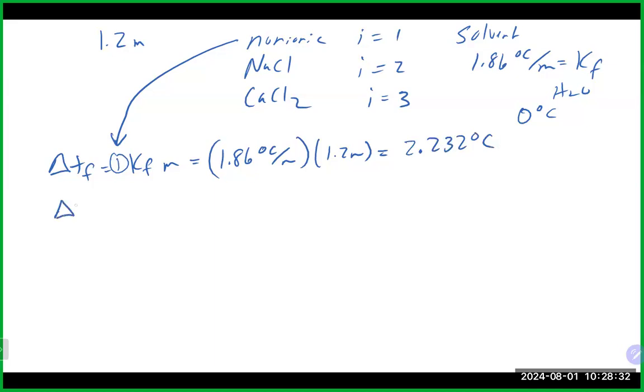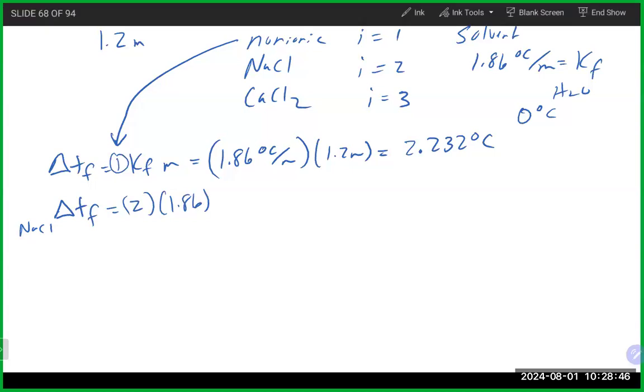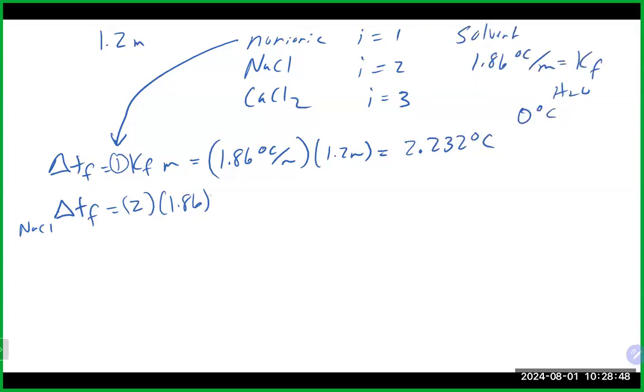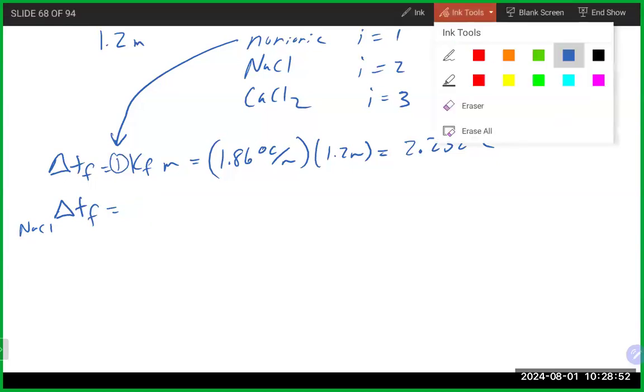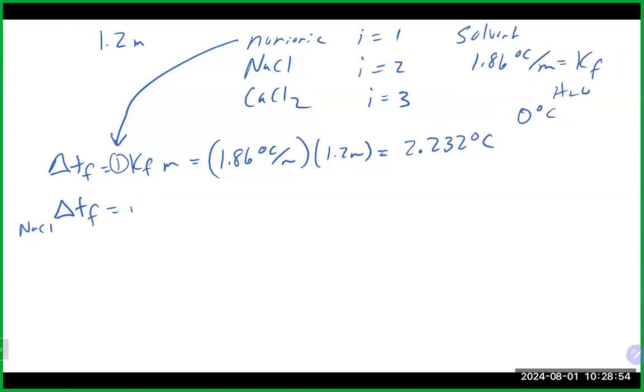Now, if we did this for sodium chloride, i in this case would equal 2 because we're going to get 2 particles. Kf would be 1.86. Let's actually put the formula in there first, I think. So i Kf m. All right, so we would have 2 for i.